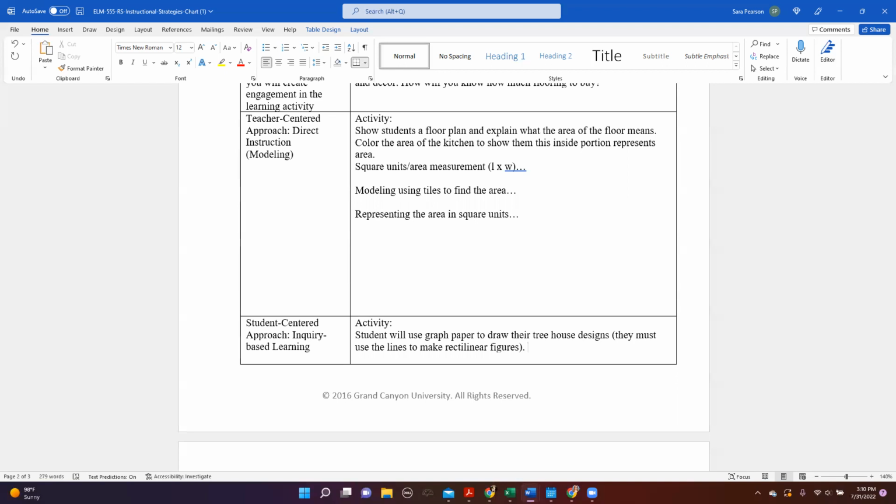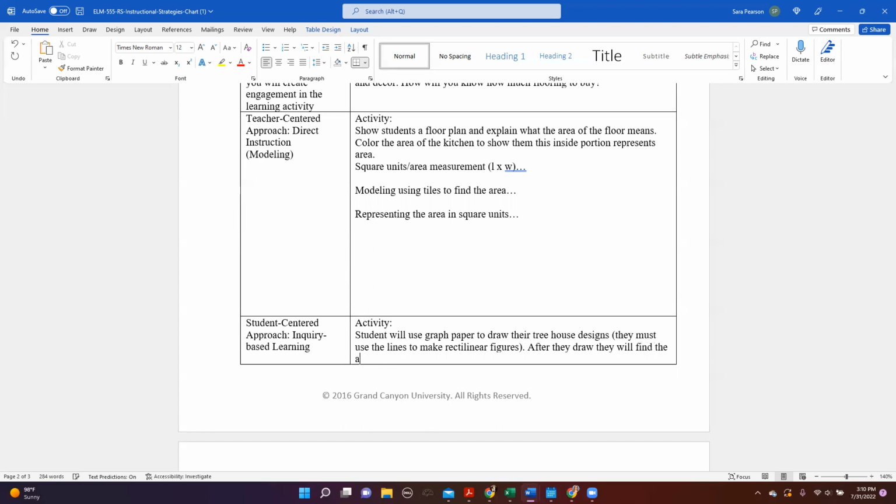And so I'm going to go into detail on exactly what this lesson or this activity will look like. And then after they draw, they will use, and this will depend on the size of my graph paper, if I use inch size graph paper or centimeter size graph paper, which tool I use to have them measure it.